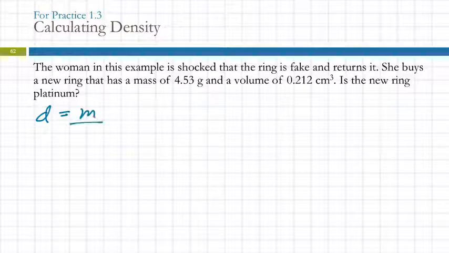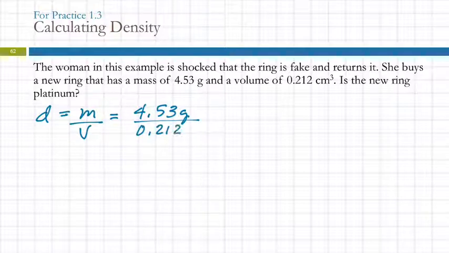Is it always going to be cubic centimeters? The volume could be cubic centimeters, it could be milliliters or liters, any volume unit. And sometimes the problem will make you convert the units. So 4.53 grams divided by 0.212 cubic centimeters. 4.53 divided by 0.212.